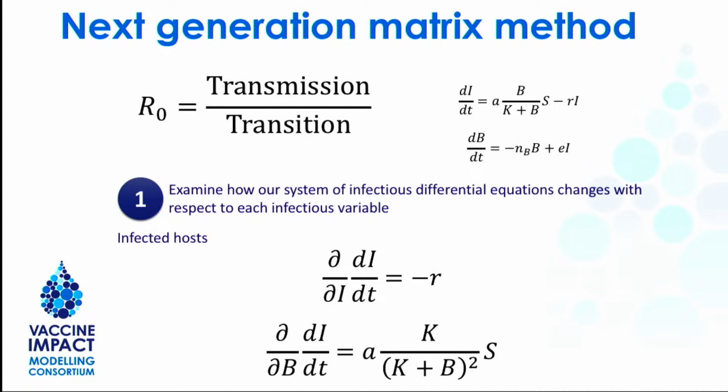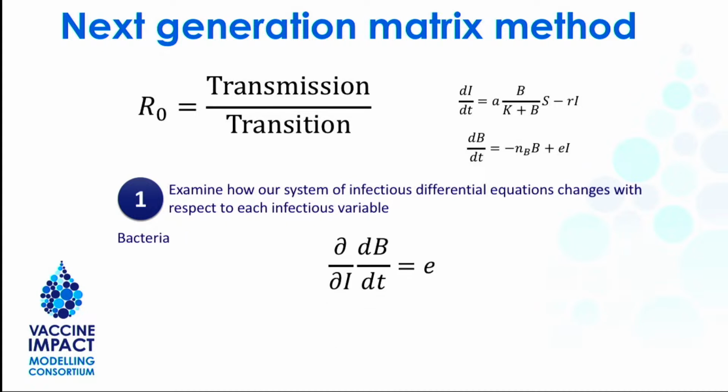Let's go on to the other equation. It's a bit nicer. So if we look at this equation now, we can say, how is this equation going to change if I increase I by 1? Okay. I only appears here. We differentiate EI with respect to I. We just end up with E. Okay. We can do the same thing for B. Again, B only appears in this term. So we differentiate minus NBB with respect to B. We just end up with this constant.